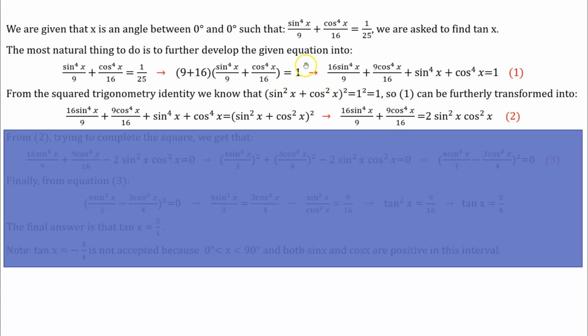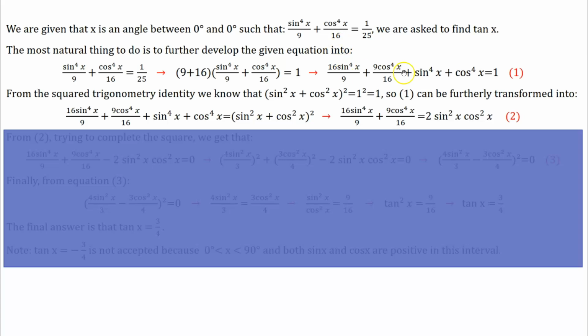Now, if we express 25 as 9 plus 16, in order to have the same numbers as divisors, we will get that 16 times sine x to the fourth divided by 9 plus 9 times cosine of x to the fourth divided by 16 plus sine of x to the fourth plus cosine of x to the fourth is equal to 1. So the given equation takes this other form.